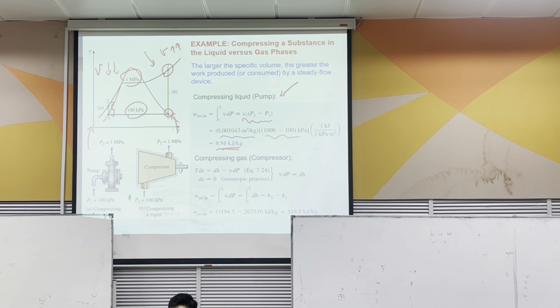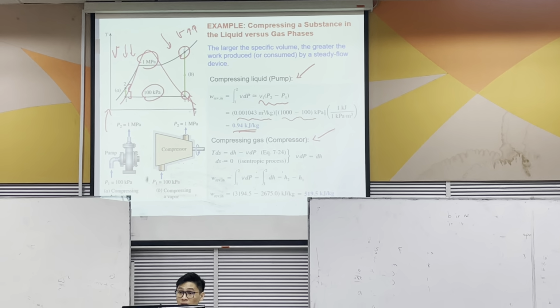And then when we look at the compressor now, you cannot use V delta P, because we know that when water, let's say, is at the vapor state, when you change from 100 kilopascal to 1 megapascal, the change in the specific volume is actually very high. So in this case, you cannot use a constant specific volume, meaning you cannot use the above equation.